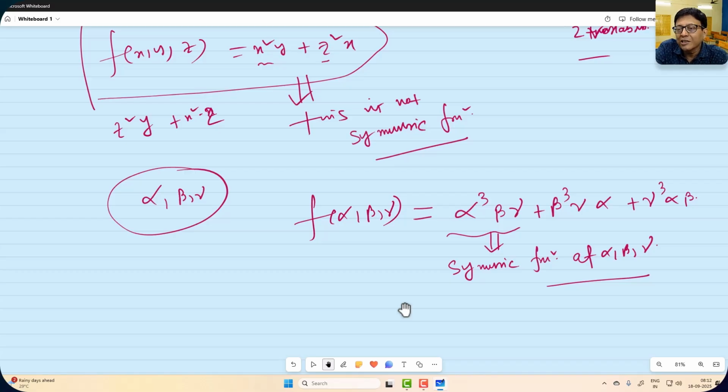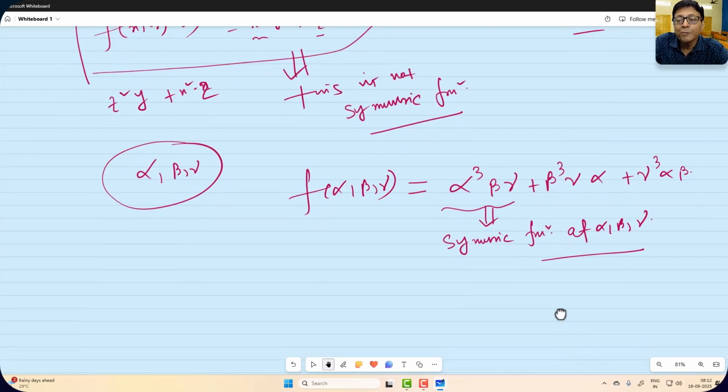Now before we proceed, what is the use of this symmetric function? How to tackle an expression containing a symmetric function? Maybe it is given that alpha, beta, gamma are the roots of a cubic equation and you find the value of this expression. It is a symmetric function, so its value you can find. But if it is asymmetric, we won't be able to get it. You have to get a symmetric function over there.